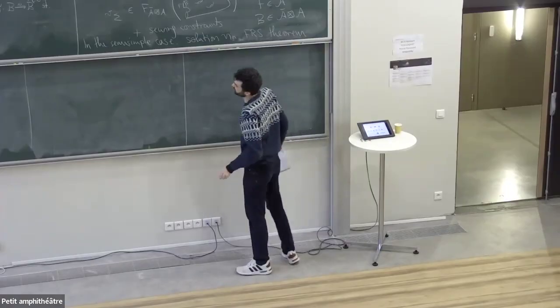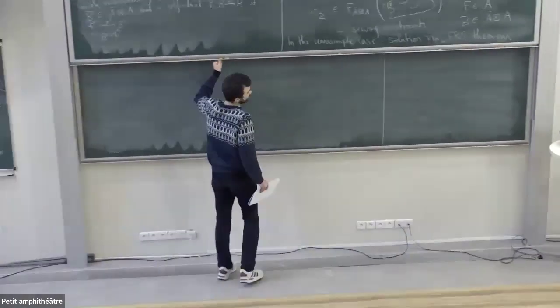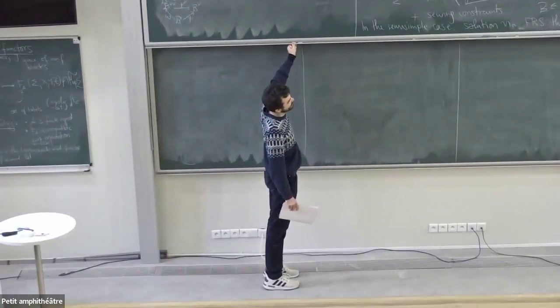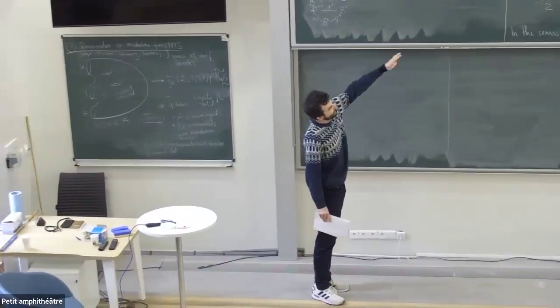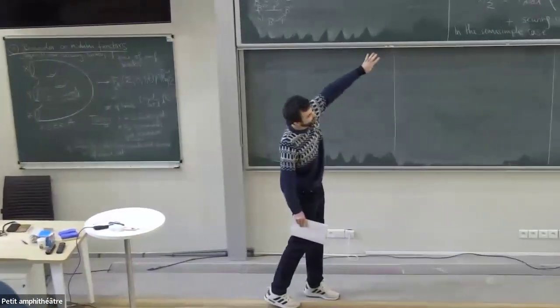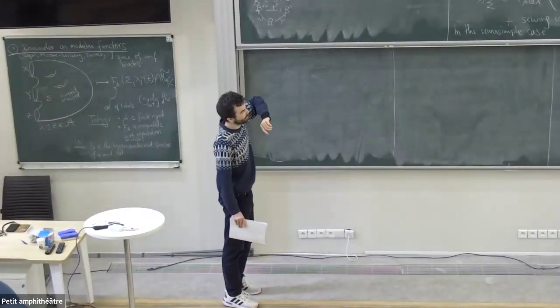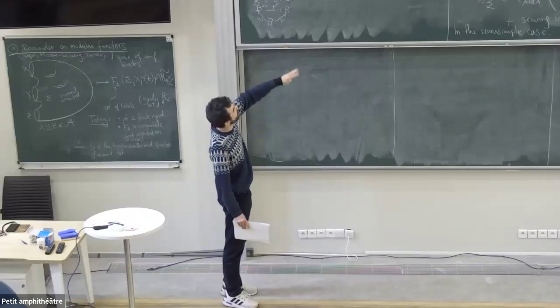And since we have heard so much about this, I will not explain this further, but in the semi-simple case, so for modular fusion categories, there is a solution for all of this using the Reshetikhin-Turaev construction of the modular fusion category A.